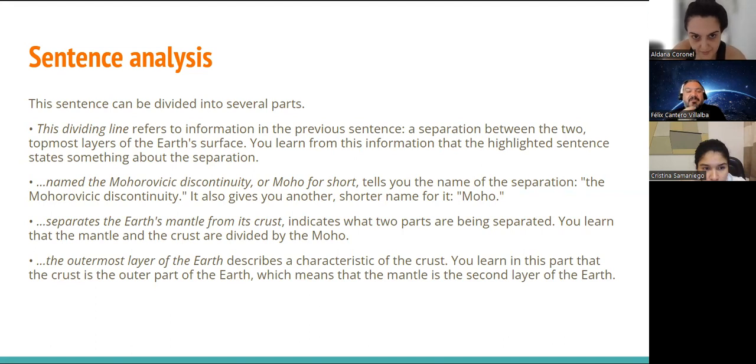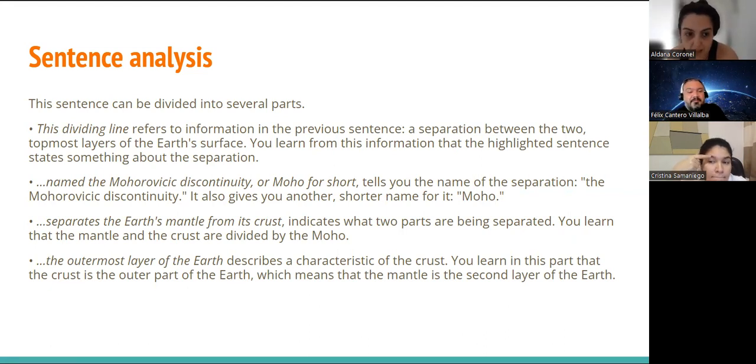So another piece of information. This dividing line comes from the previous sentence, and then the definition of it. Next. Separates the Earth's mantle from its crust, indicates what two parts are being separated. You learn that the mantle and the crust are divided by the Moho.